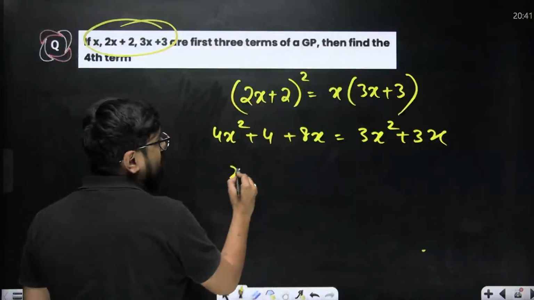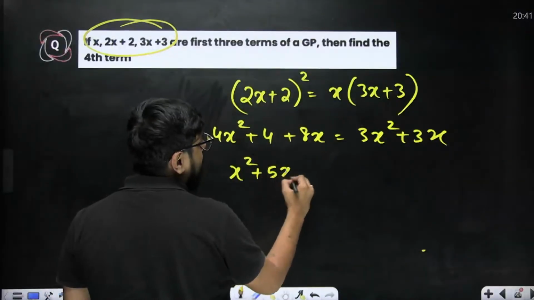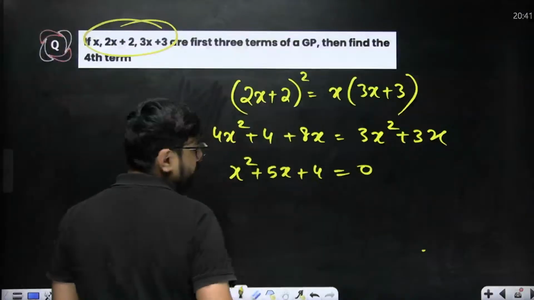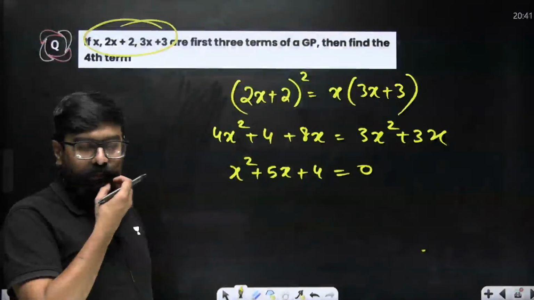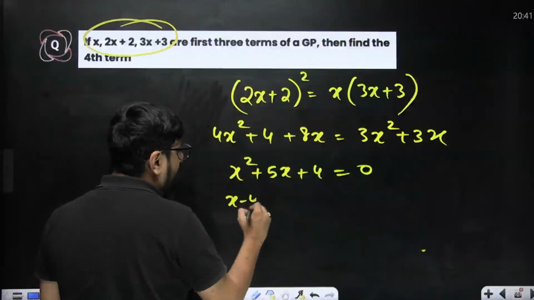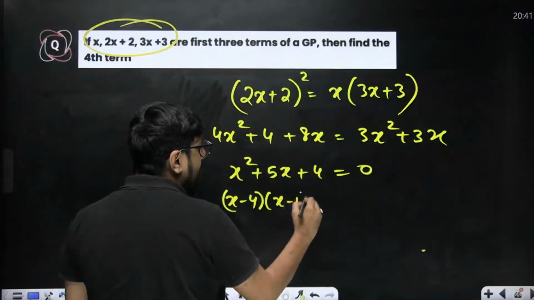So x square plus 5x plus 4 is equal to 0. Right? So (x minus 4) into (x minus 1) is equal to 0.